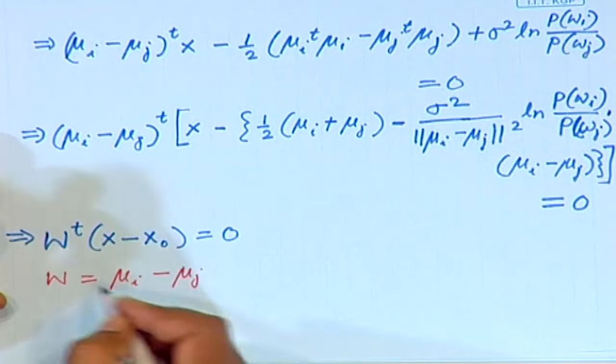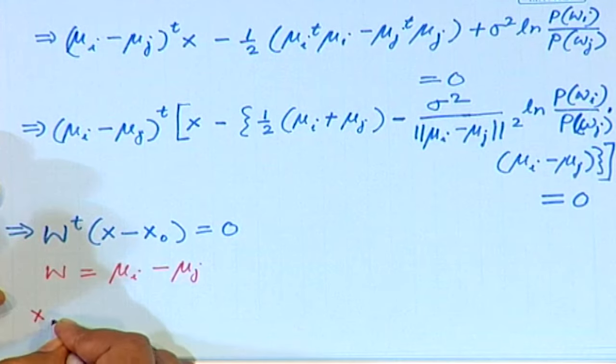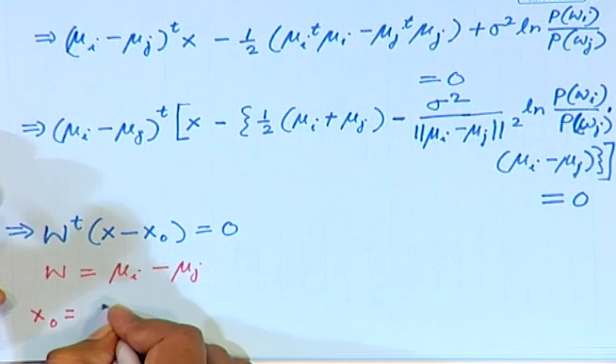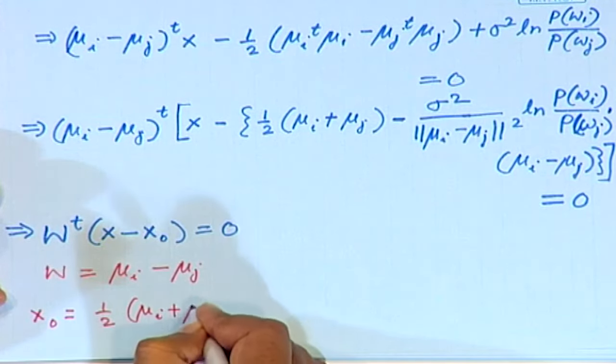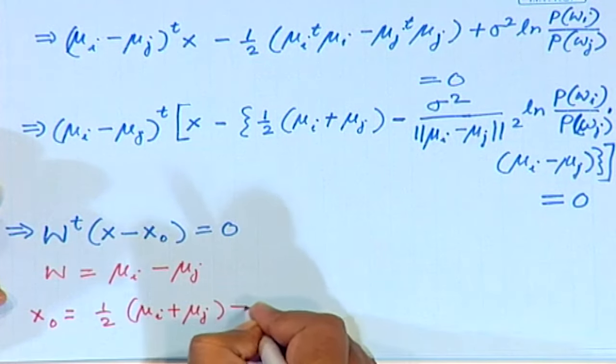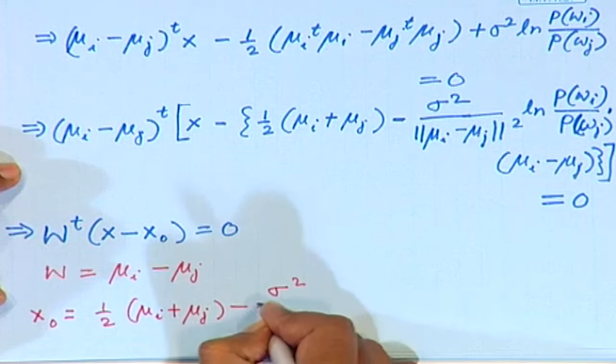And x0 is simply half of (mu i plus mu j) minus sigma square upon the squared norm of (mu i minus mu j) times the log ratio of the priors times (mu i minus mu j).